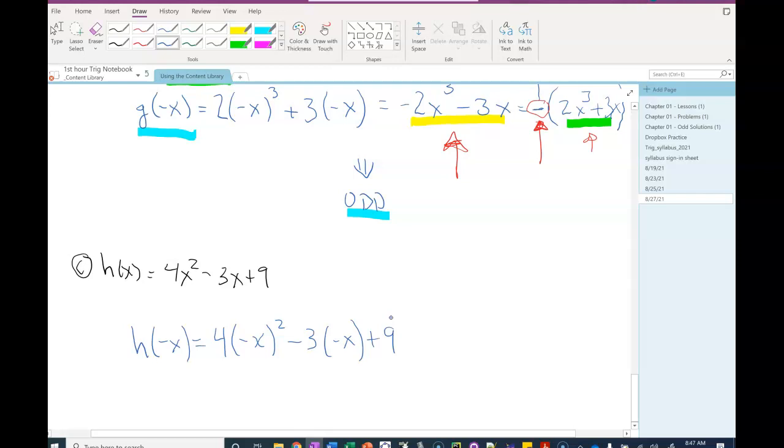Everybody's good? So I have 4x squared plus 3x plus 9. This is not h of x. So I know it's not even. Everybody's good there.